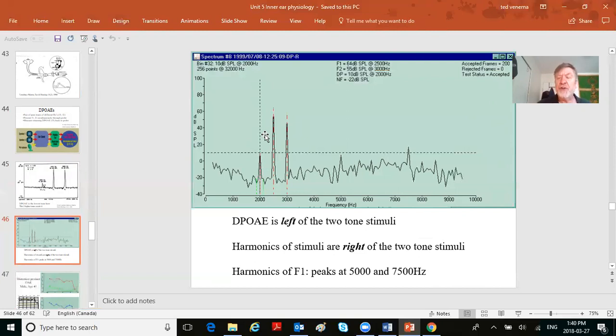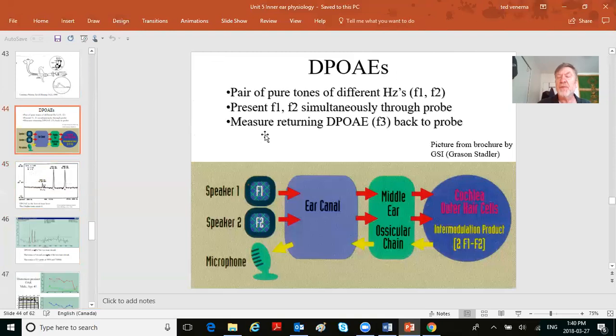Now the 2 tones are usually split by a ratio, okay? And you don't have to know this really, but I'm just telling you for the sheer fun of it. They've experimented a lot. If 1,000 hertz comes out of the first speaker, the other tone needs to be a ratio of 1 to 1.22.